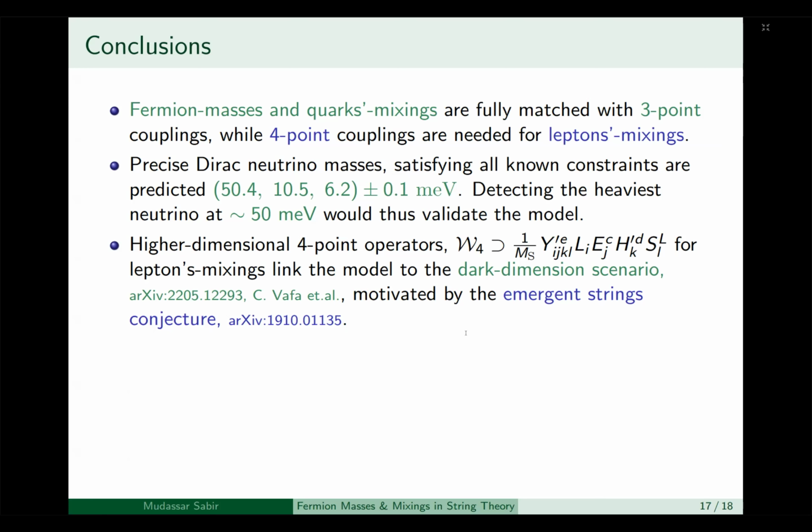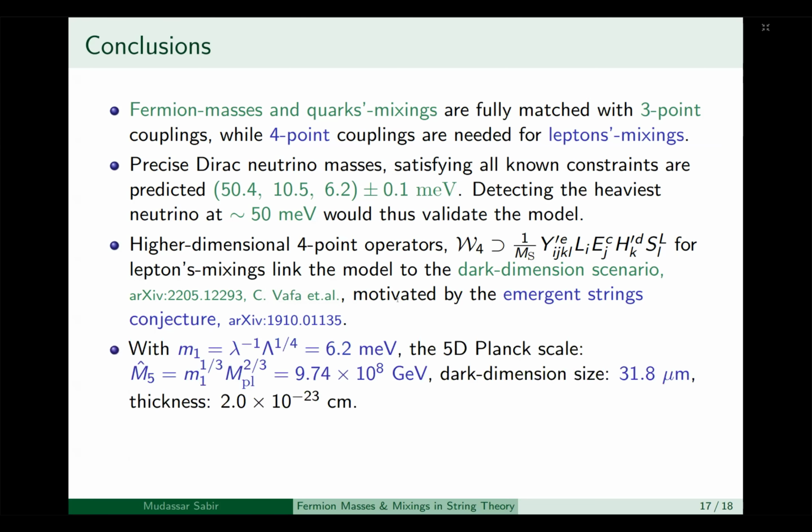which has a lot of interest. This paper of Vafa et al. on the dark dimension scenario already has around 130 citations. It was motivated by the emergent string conjecture, and they say that there is a dark dimension at around 10 to the 9 GeV.